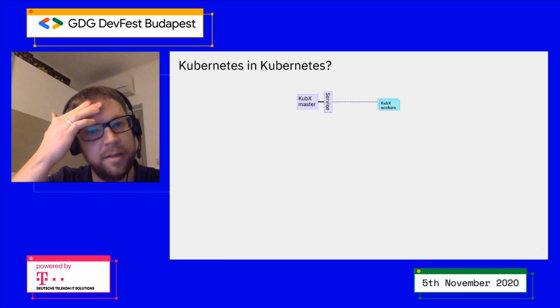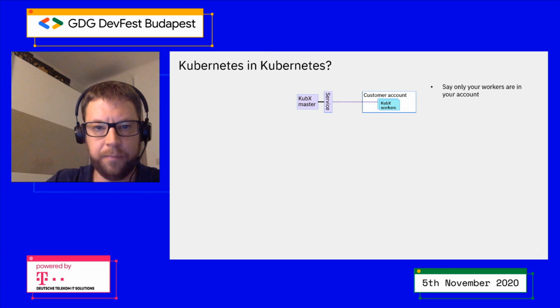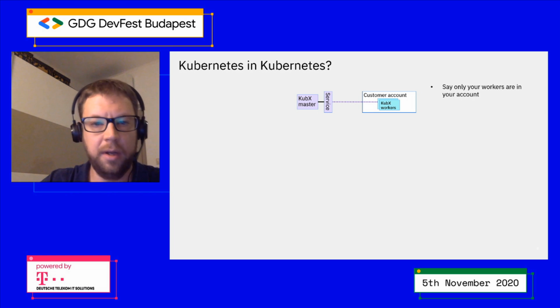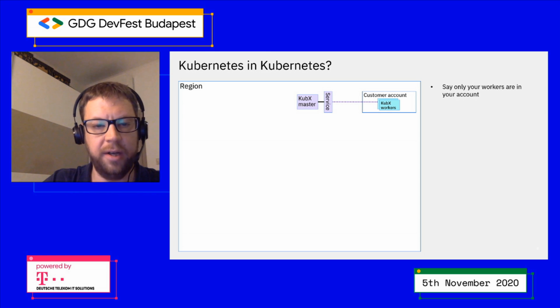As I said, the master components are just a bunch of pods. They are usually running in your cluster, but it is not a mandatory thing. As long as there is network connectivity between your master and your worker nodes, the master can run anywhere. Let's say you have your customer account in the public cloud, where only your worker machines are deployed, and then you have your master pods running totally elsewhere.